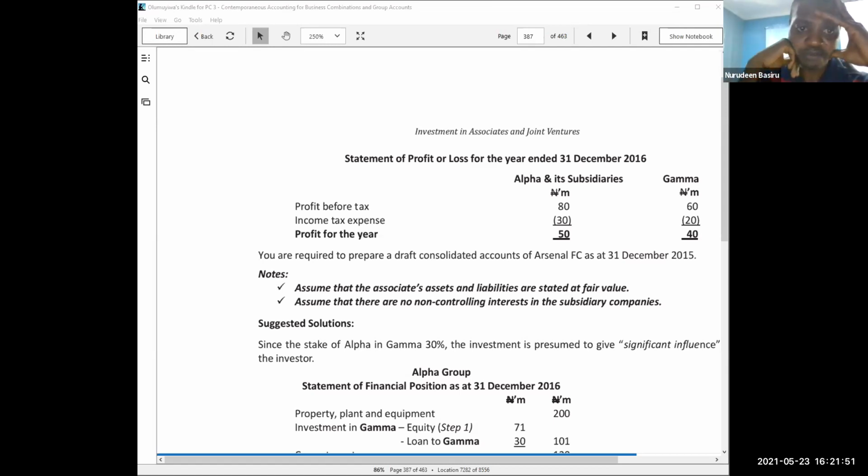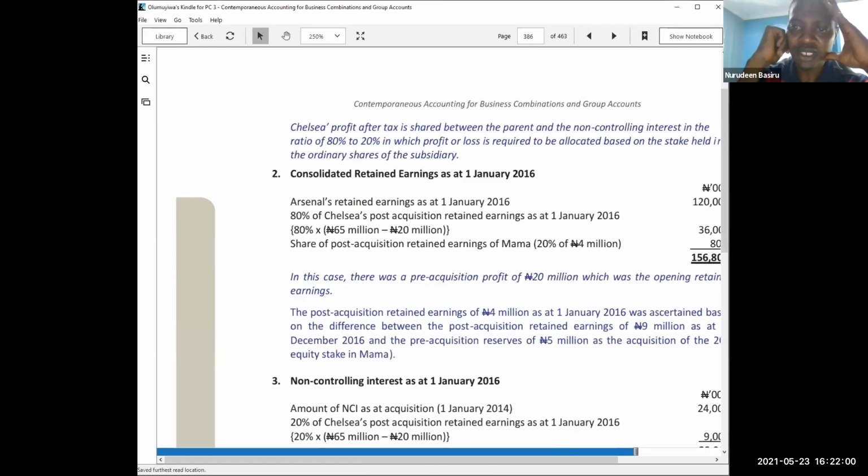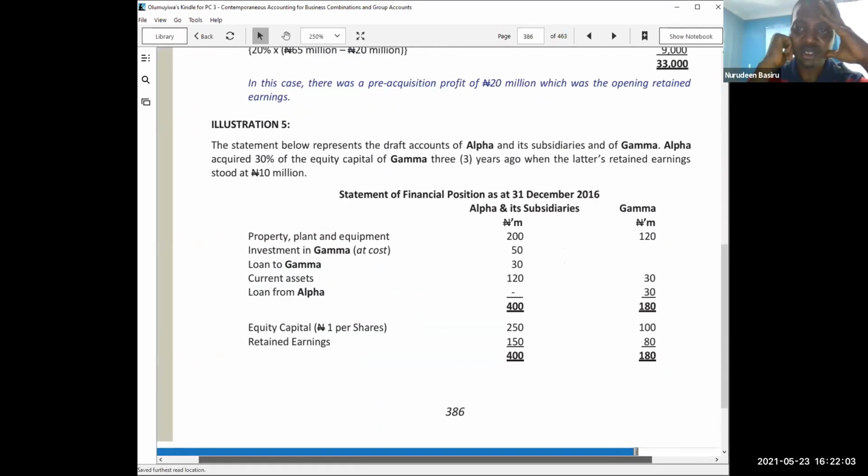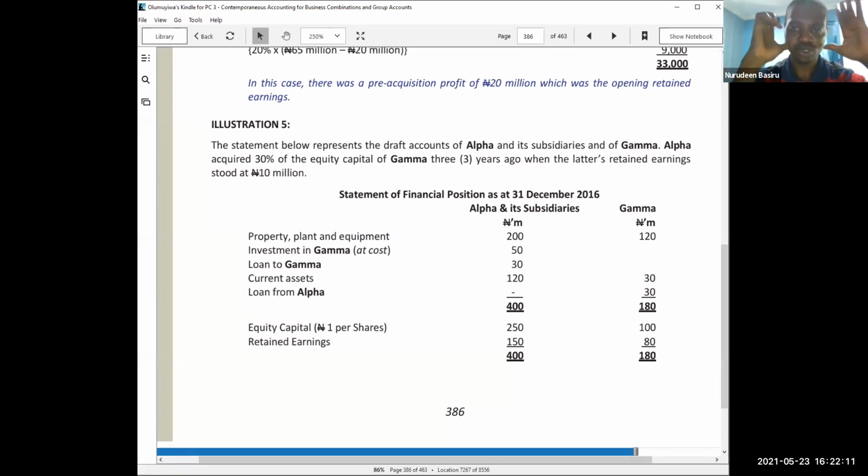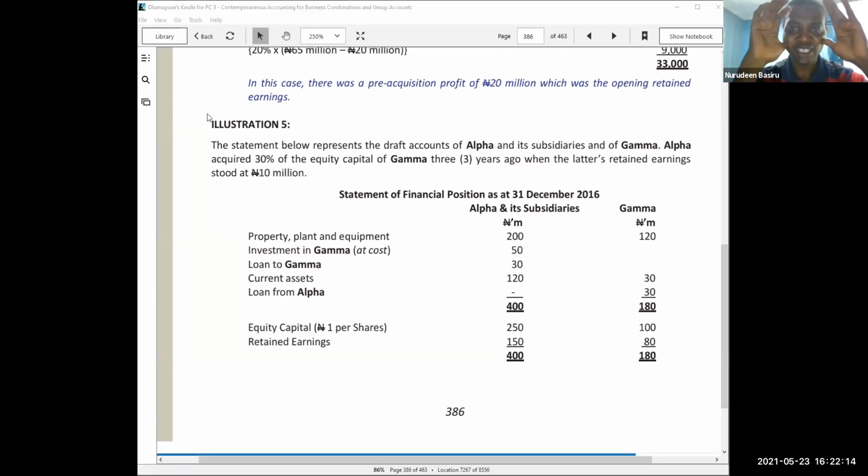We are to check the share of profits, especially the profits associated to Alpha and its subsidiaries, and prepare a draft statement of financial position. But basically, we are not meant to consolidate the position of Gamma in the statement of financial position. Rather, we recognize only the profits associated to Alpha and its subsidiaries. Thank you.